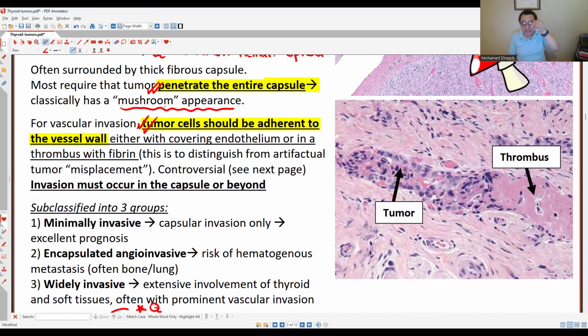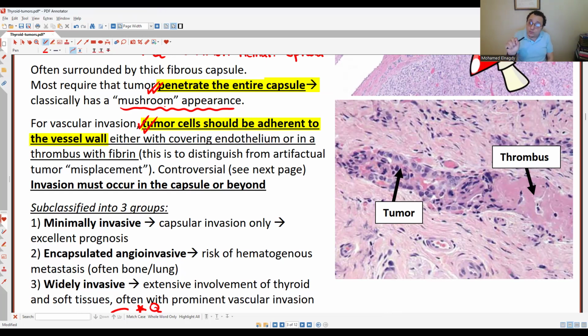Tumor cells inside the vessel is not enough, because it could be a tangentially cut. It could be some kind of cut which had tumor cells in one level and the vessel wall in the other level, and both of them appeared in the same level, one inside the other. It tells you that the tumor cells are inside the vessel, but they are actually not inside the vessel.